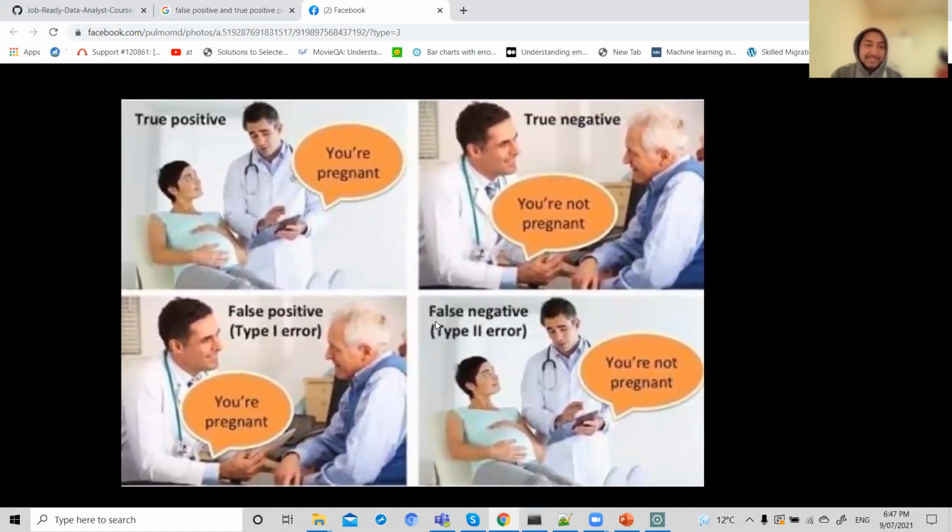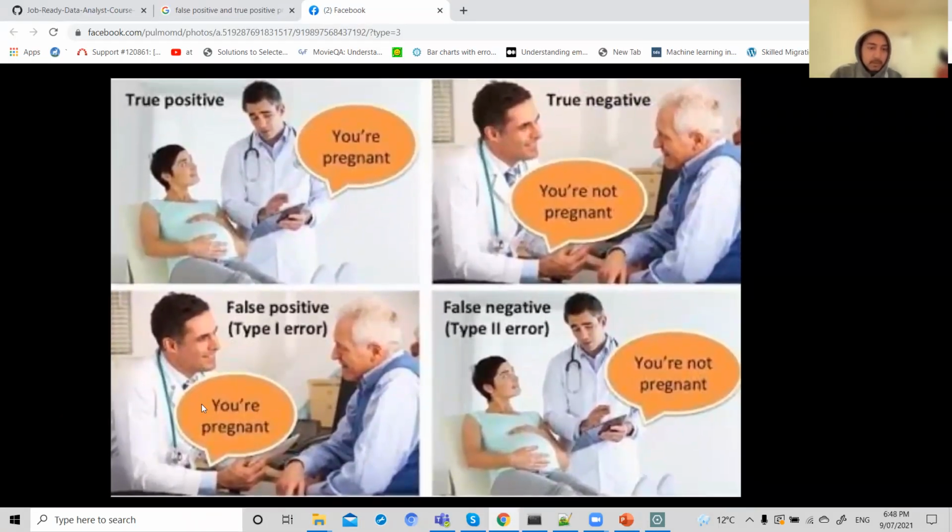So here in our question, we have false positive, right? False positive means the model is saying that he's a person who will never be pregnant, but the model is saying that he's pregnant.